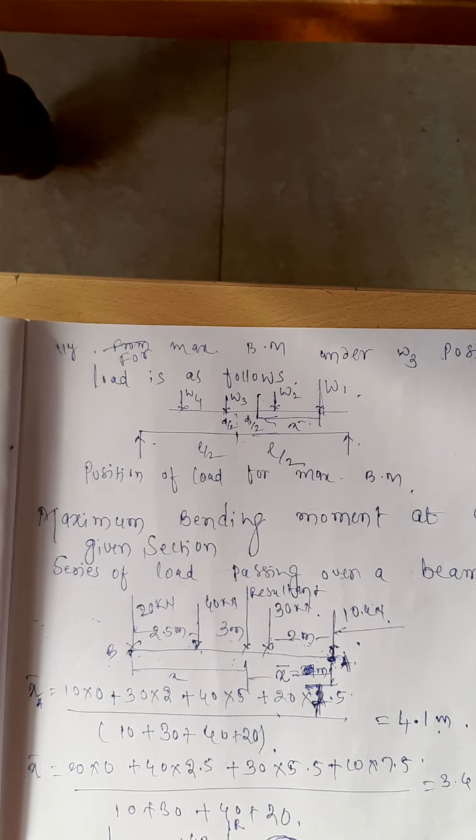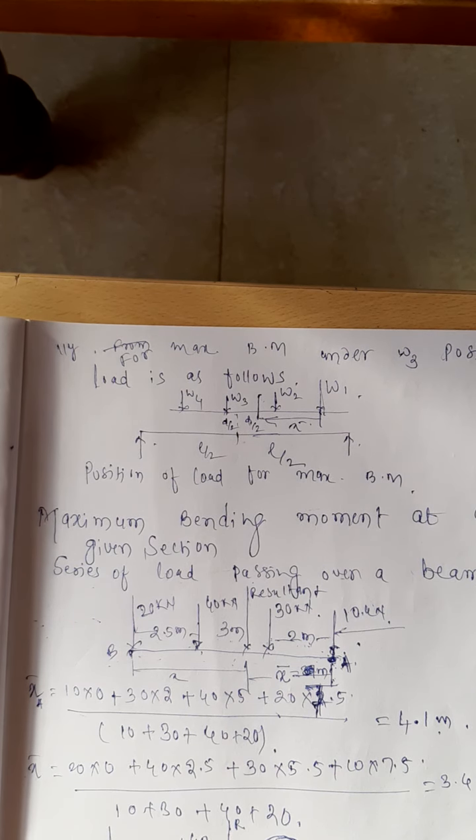So you bring this point C here and adjust the rest of the position of the load. That itself is the position for the maximum bending moment. So here it is 2.1 divided by 2, that means 1.05. This distance is 2.1 divided by 2.